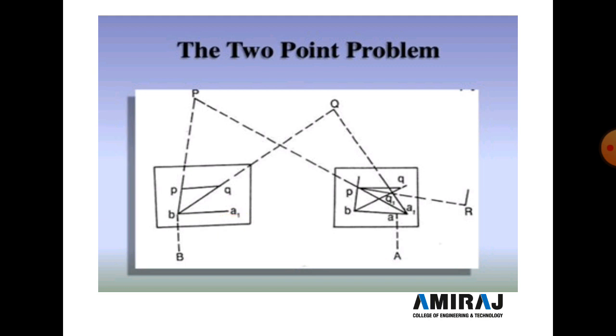Then from B bisect point P and draw the line BP, and from B bisect point Q and draw the line BQ.